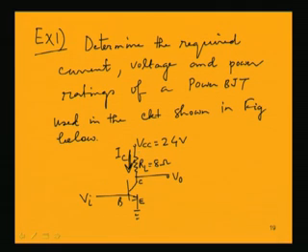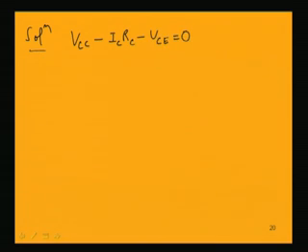So, writing the equation for this output circuit, VCC minus IC into RL minus VCE is equal to 0. That equation is the governing equation, using KVL in this output circuit.